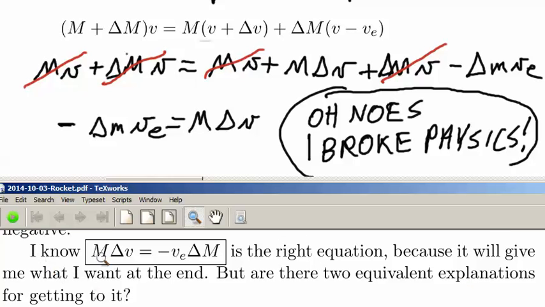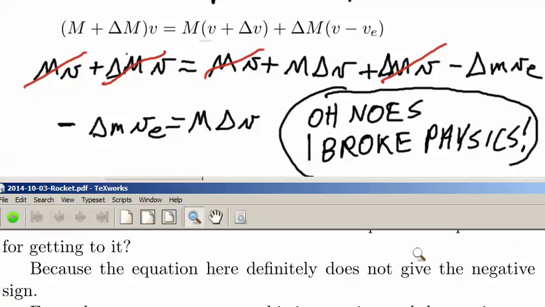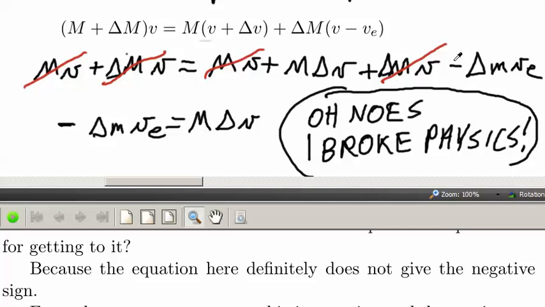I know that m delta v equals negative v sub e delta m is the right equation because it gives me what I want at the end. But are there two equivalent explanations for getting to it? Because the equation up here definitely does not give the negative sign. In fact, when you add delta m v sub e to both sides, you get a plus sign over there.